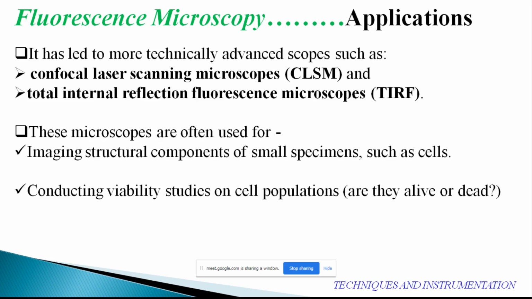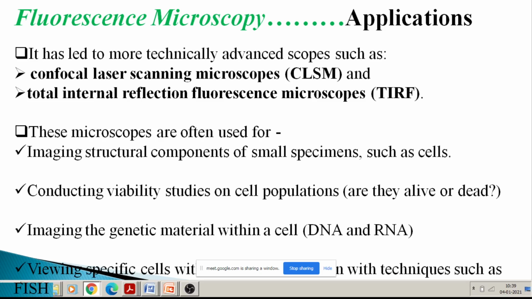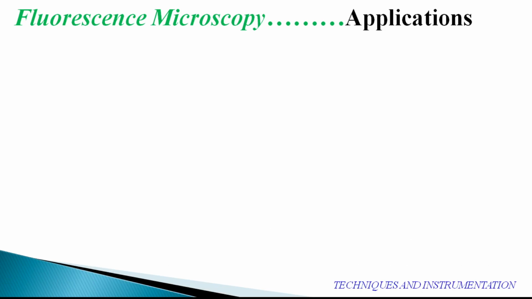So my dear students, this part was already discussed during the previous lecture, and now let us explore a little more detail of this particular microscopic technique. As you know, fluorescence microscopy is used to analyze the biological structures in a sample.